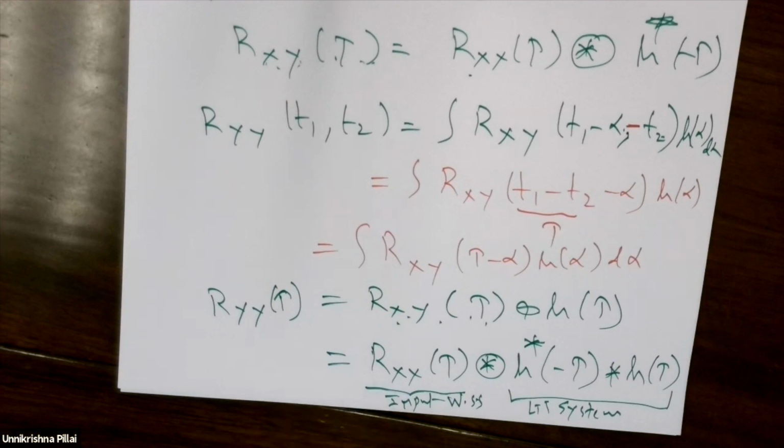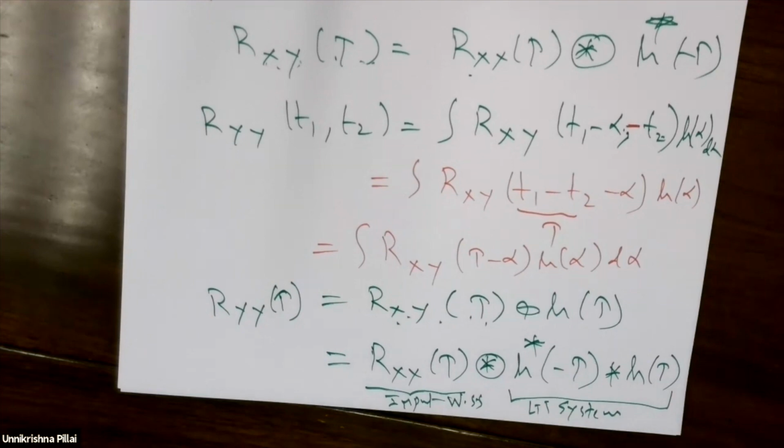So we have proved that if the input is Wide Sense Stationary, and if you pass it through a linear time invariant system, the input and output are jointly Wide Sense Stationary, and the output is Wide Sense Stationary.